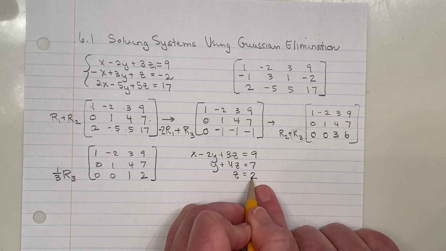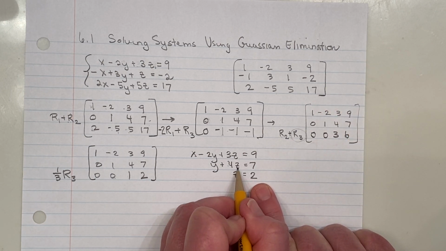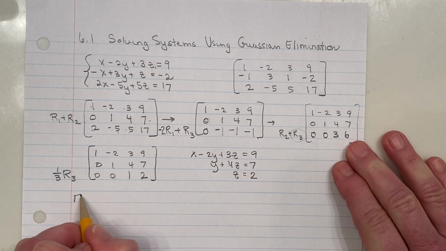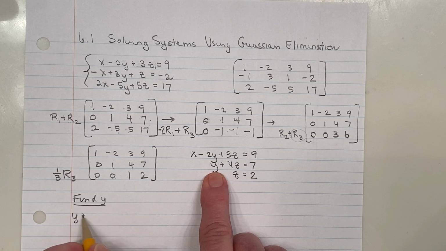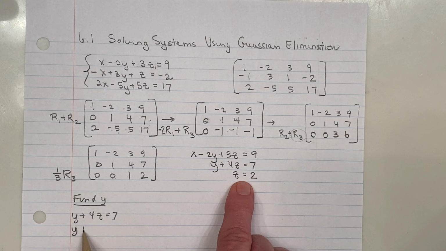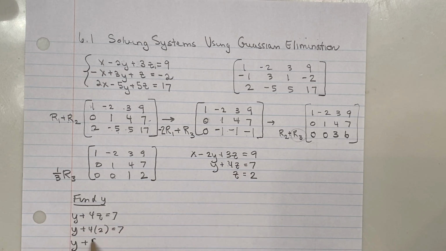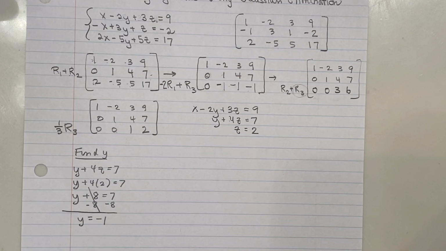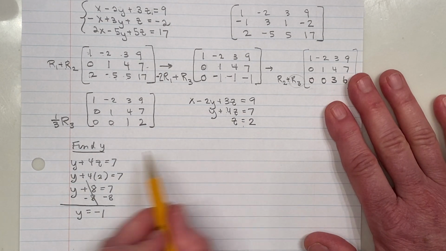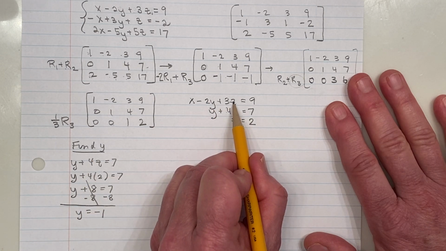So now that I know what z is, I'd go to the previous line, and because I know z, I'll find y. Now that we have y and z, we can go back and find x.